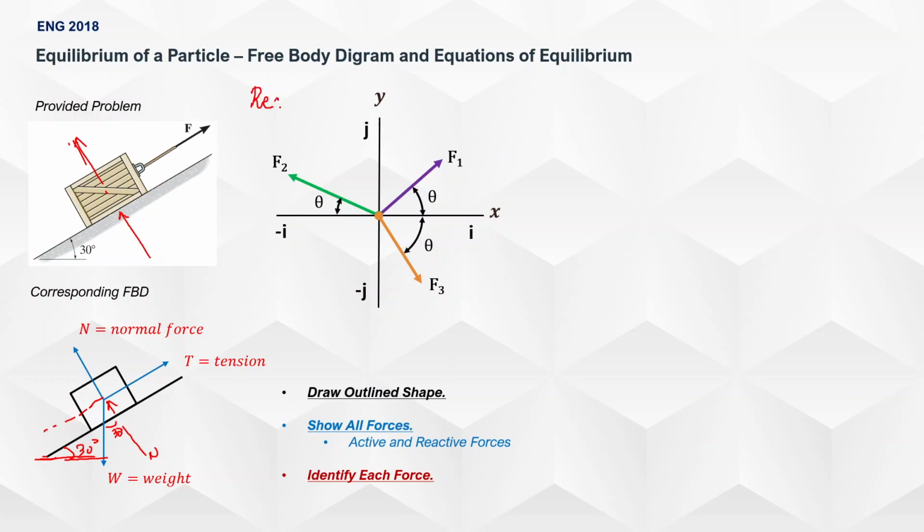So recall your XY and i and j, positives and negatives. See? So we have the first quadrant, we have the second quadrant, we have the third quadrant, you also have the fourth quadrant here. So you apply those signs here, from where they are.